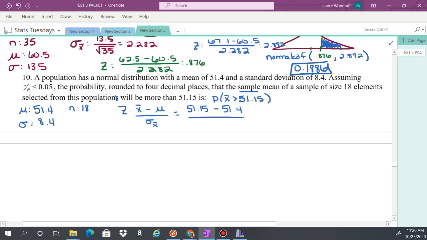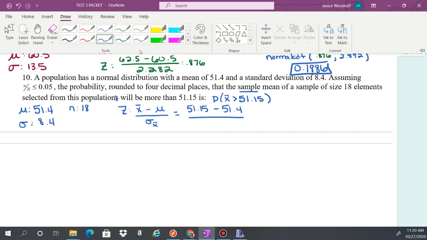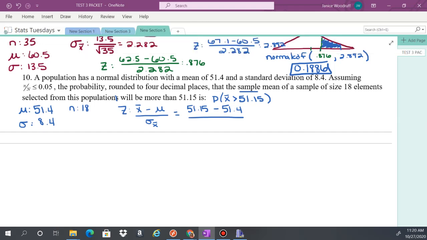So let me go ahead and do that before I put it in my formula. You can put it in down here if you want. I like to do it separately, but that is a complete preference. So whatever you want to do there. So standard deviation of x bar here is going to be 8.4 over the square root of 18.